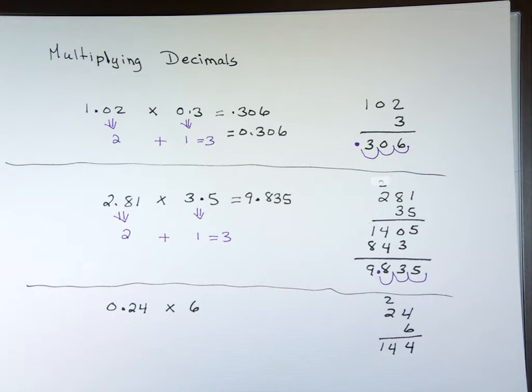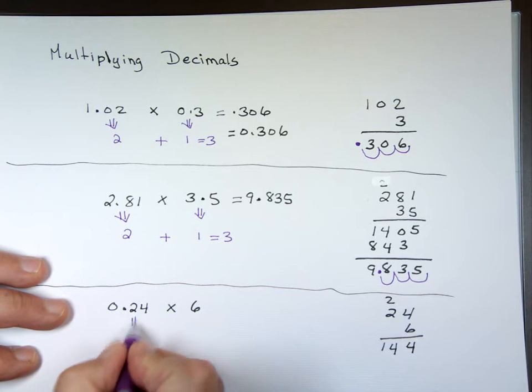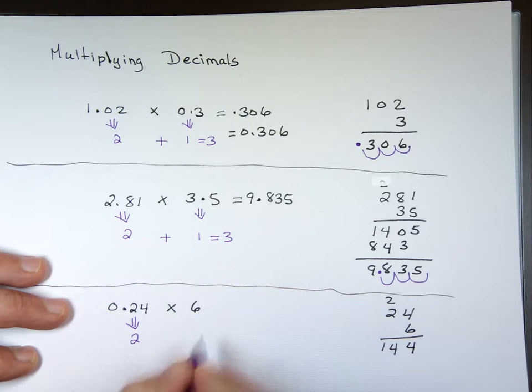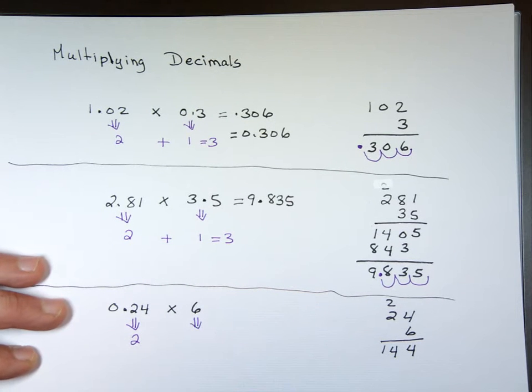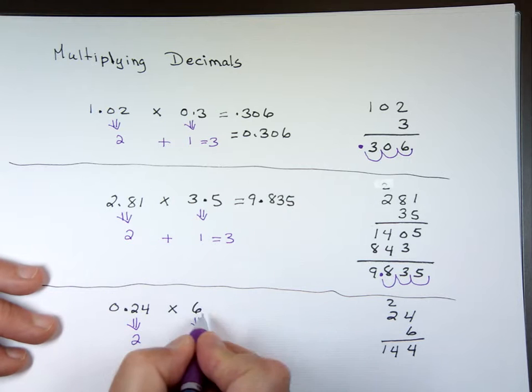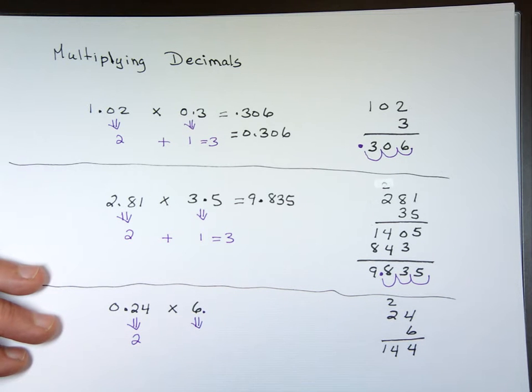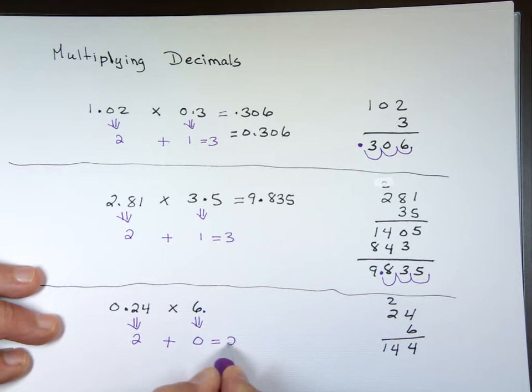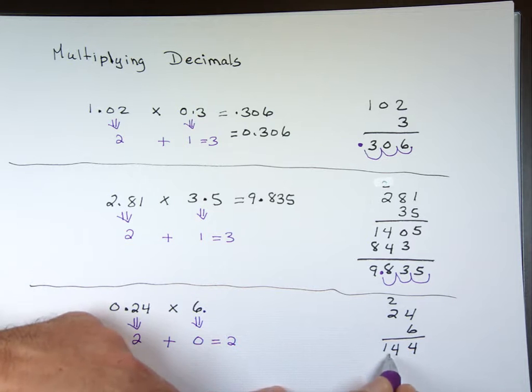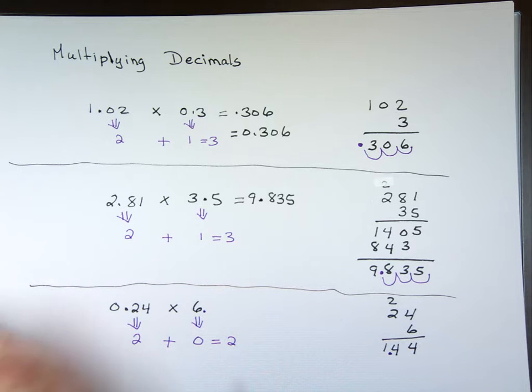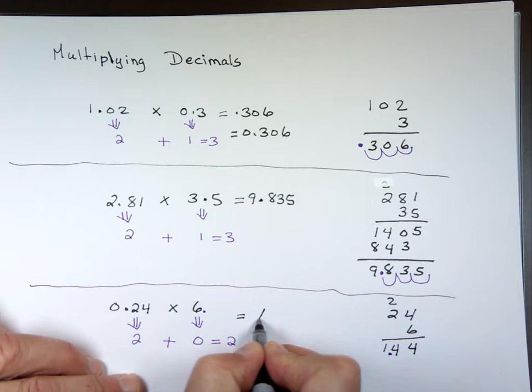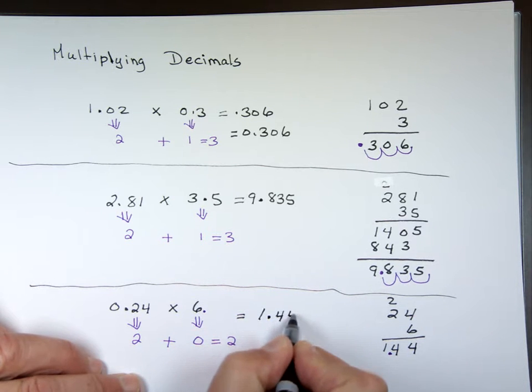Now let's count again. How many digits to the right of the decimal point here? 2. How many here? Try again. Angelica, there's none, because the point is here, right? To the right of the decimal point, there's nothing. 0. What's 2 plus 0? 2. Move it 2 places, it lands right here if you start from the end. So what's the answer? 1.44.